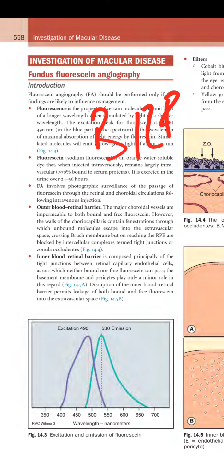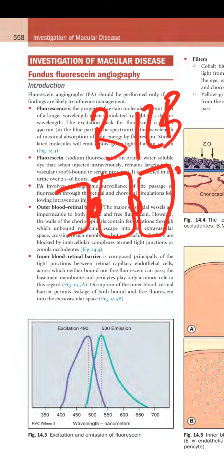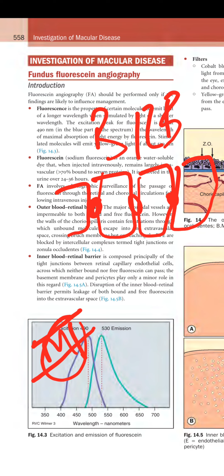First, between the RPE cells there are zona occludens, which give us the outer blood retinal barrier. The major choroidal vessels are basically impermeable to a fluorescent molecule, both unbound and bound.